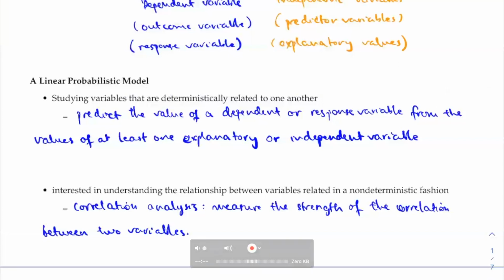So that's the idea for linear regression: we want to predict the value of the dependent variable based on the value of the independent variables, and interpret this relationship through the calculation of the correlation coefficient, because we want to know how strong the correlation is between dependent and independent variables.